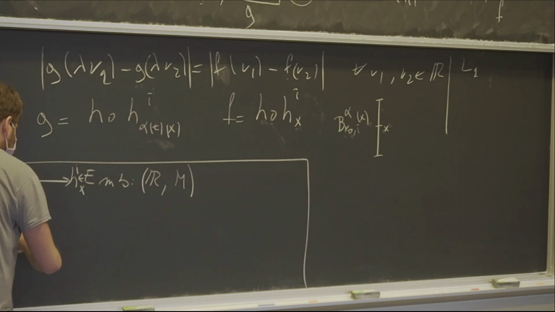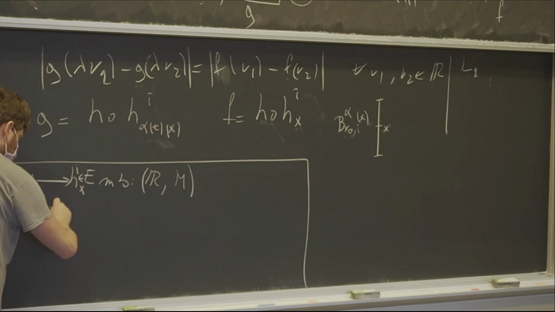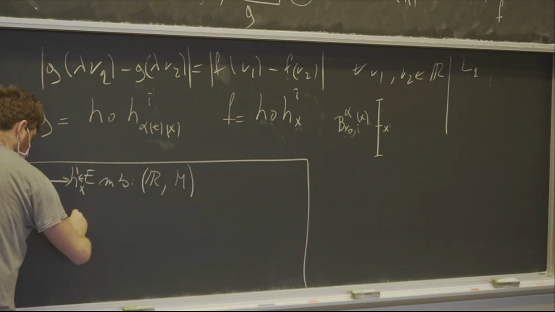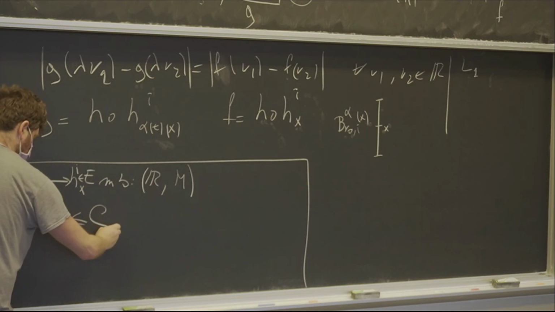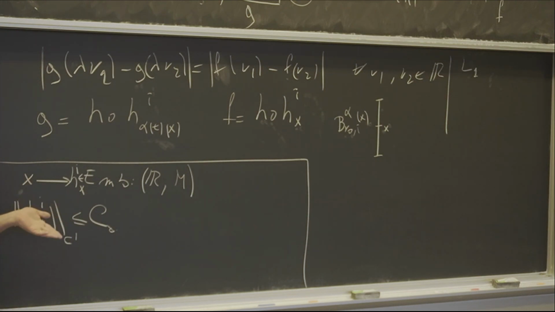Which means that the C1 norm, as an element here, is bounded on the whole domain of this map. Actually the domain of this map is not even in the manifold, so you cannot even talk about measures, even though we do it all the time.